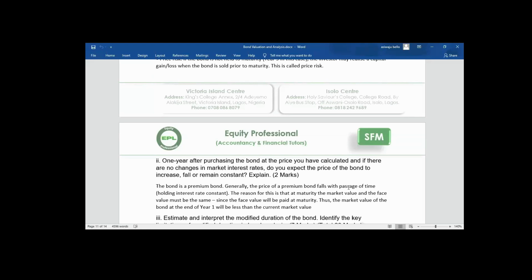Since the face value will be paid at maturity, the bond will mature at face value of 1,000. Hence, the market value of the bond at the end of year 1 will be less than the current market value now.